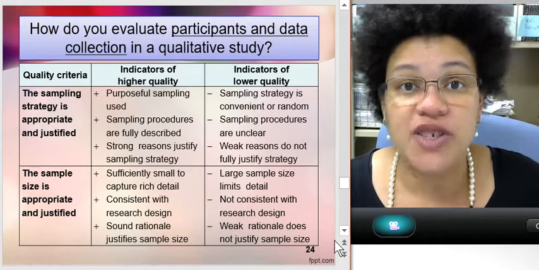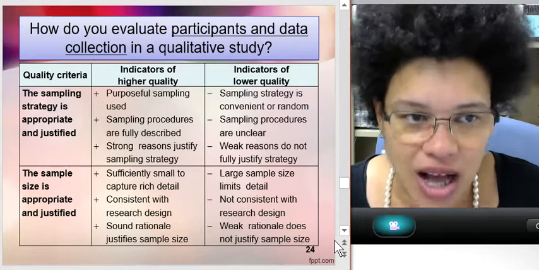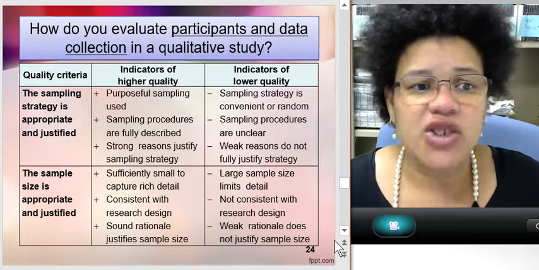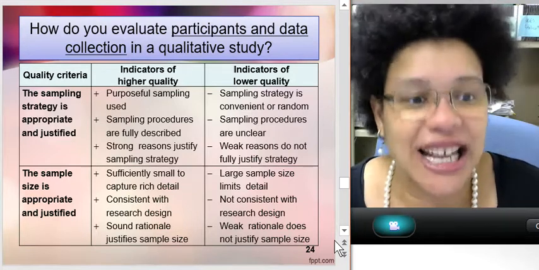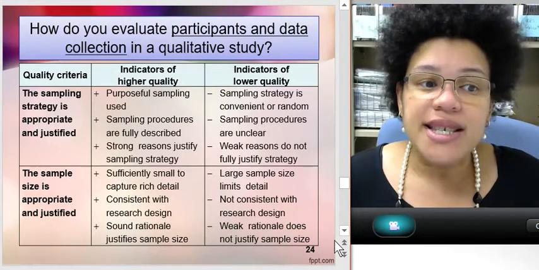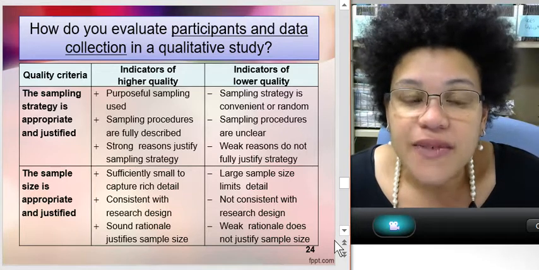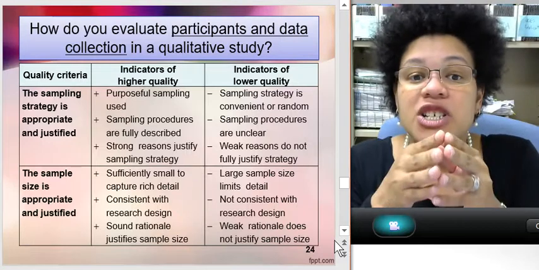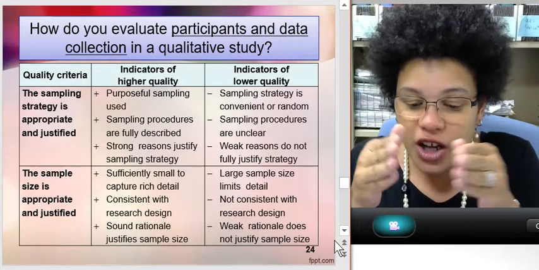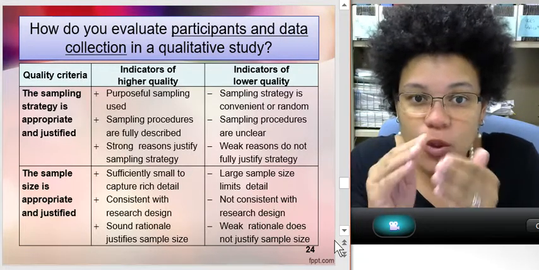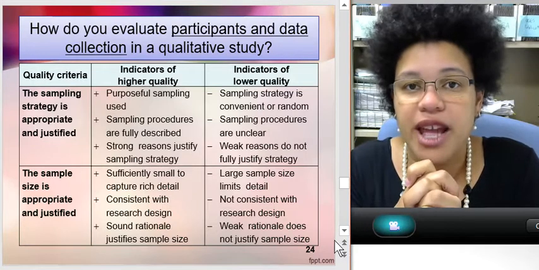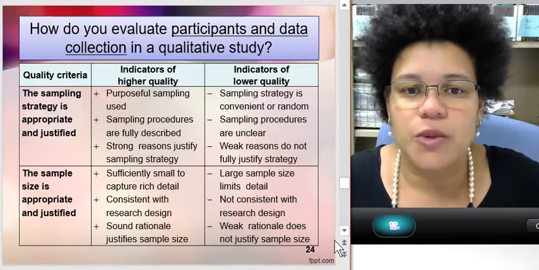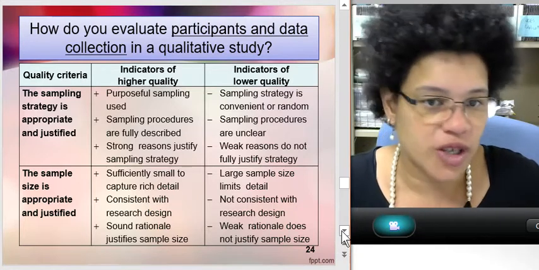You're going to be looking for some of the indicators of higher quality sampling, and that the sampling procedures are fully described and justified. Also, is the sample size appropriate and justified? Is it sufficiently small to go in depth? And are there enough people where you feel like the question is going to be answered adequately? Okay, is it consistent with what the goals of the research are?